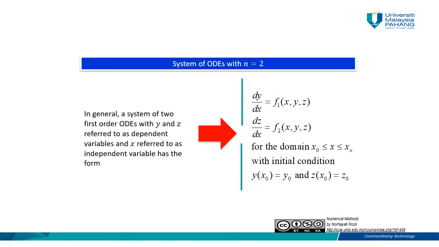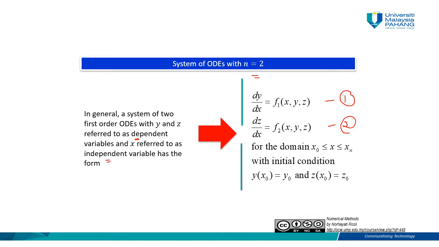In this subtopic, we just cover n equal to 2 only. That means we just have two differential equations. So this is the example. This is the first differential equation and this is the second differential equation. Since we have two differential equations, we will have three variables, x, y, and z, where y and z become our dependent variables, while x becomes our independent variable.